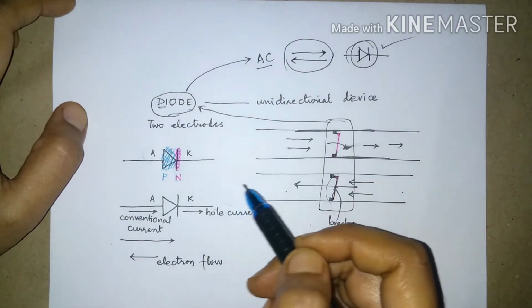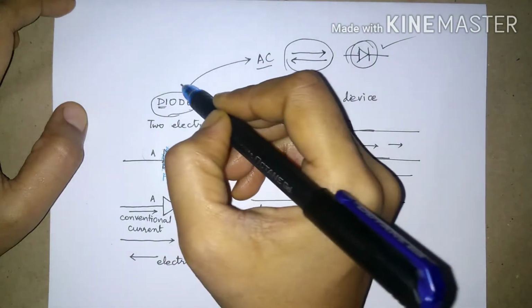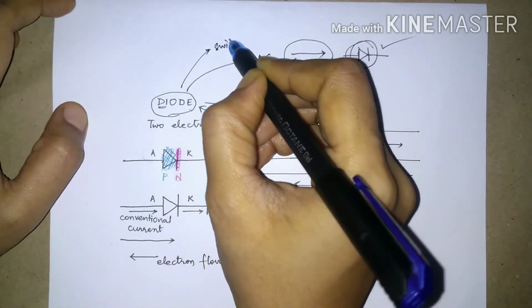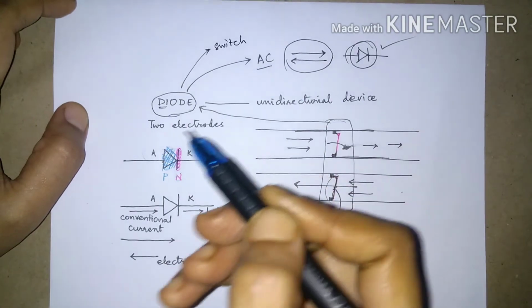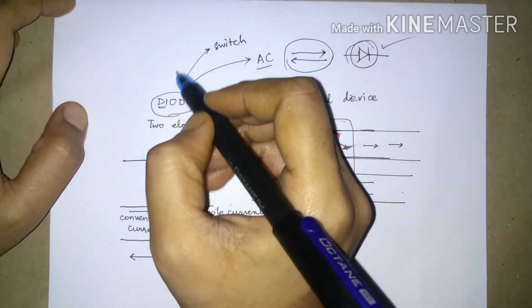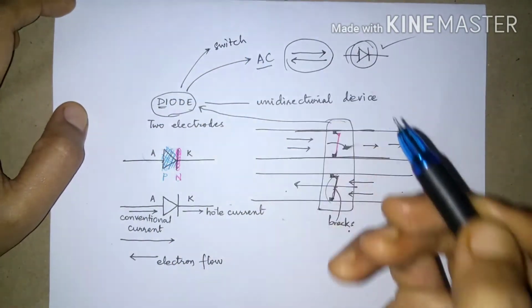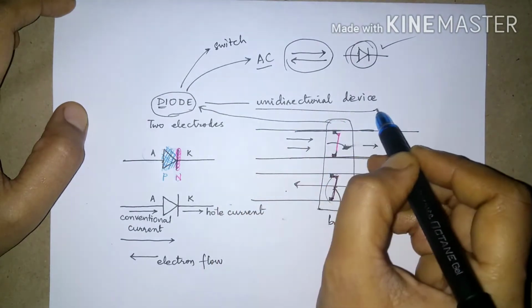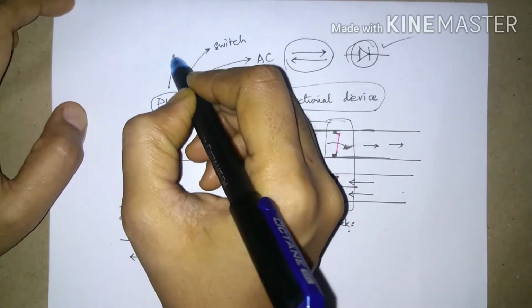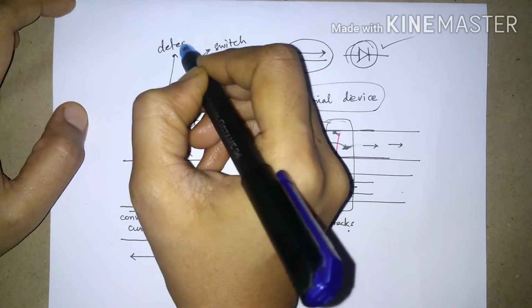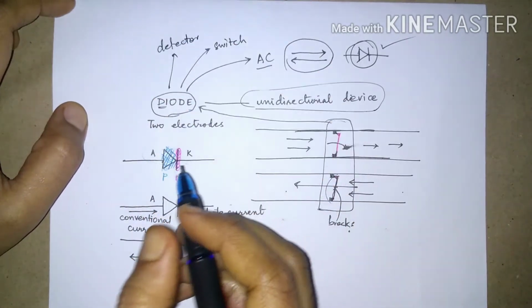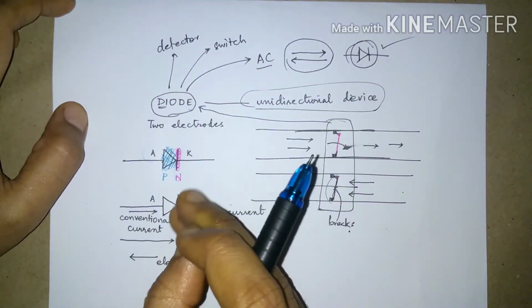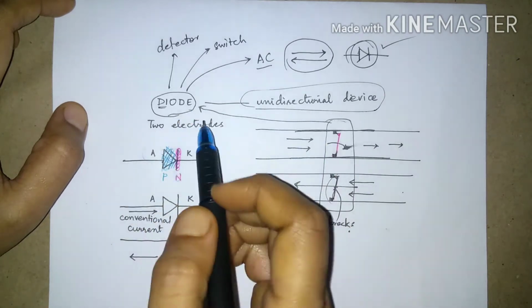The other application is as a switch, which I'll explain how it works. Again, wherever we need current in one direction, and it is also used as a detector in communication, to detect a signal: whenever we get a signal, it switches on.